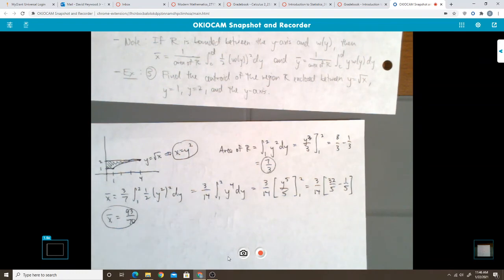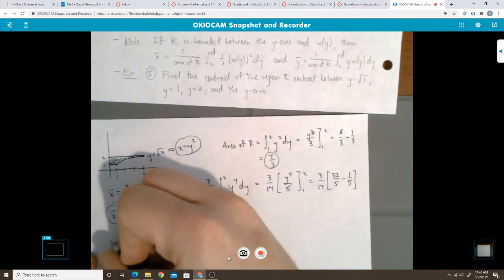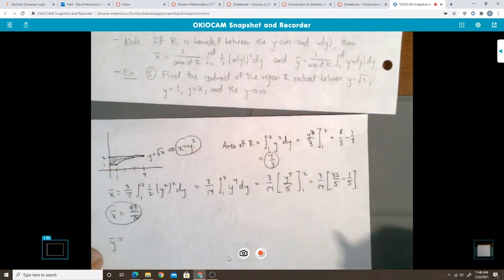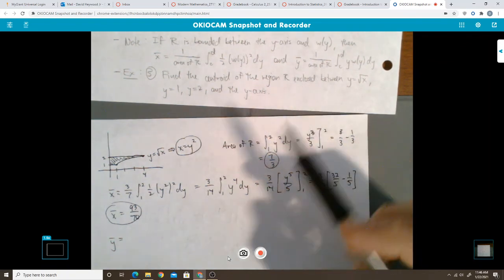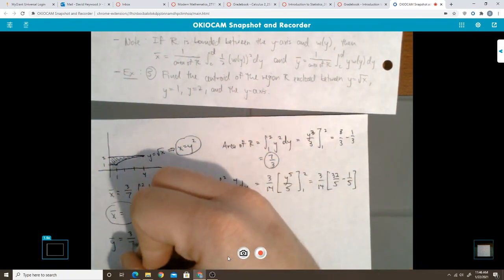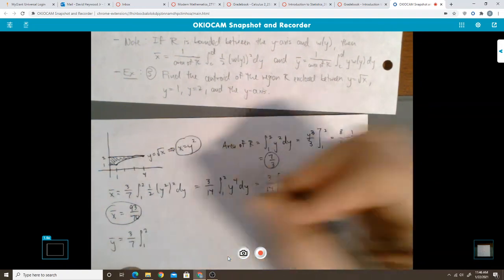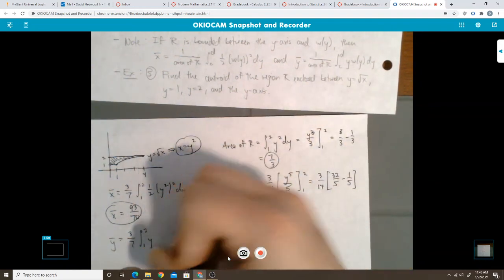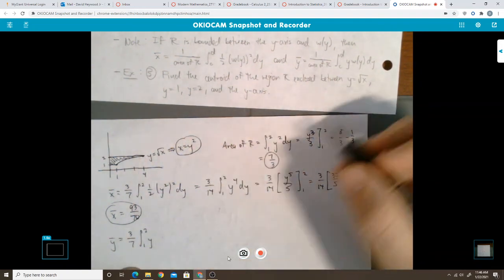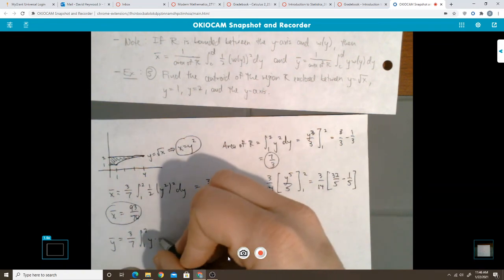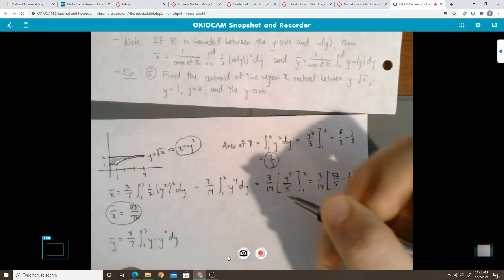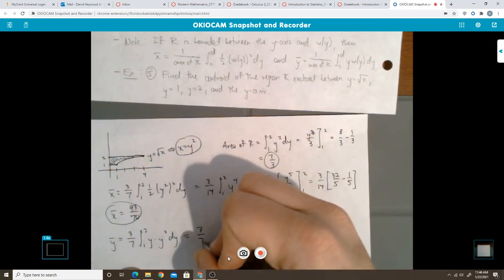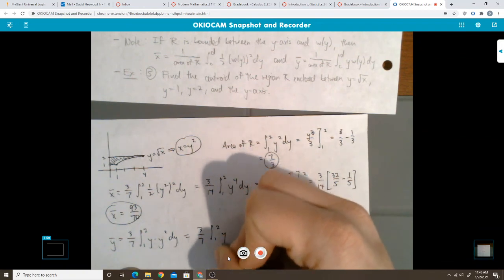And then y bar is going to be similar. So y bar is going to be 1 over area of R, 3/7, times the integral from 1 to 2 of y times w of y. That's y squared. So 3/7 times the integral from 1 to 2 of y cubed dy.